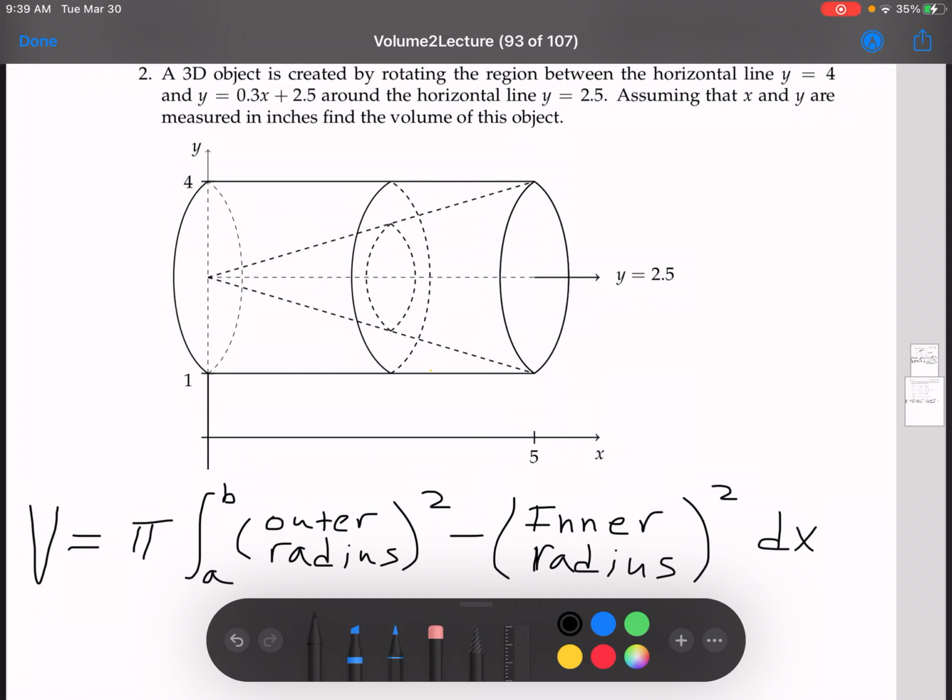And we're using dx here because we're integrating along the x-axis. Now from the figure, you can see that we start at 0 and stop at 5.